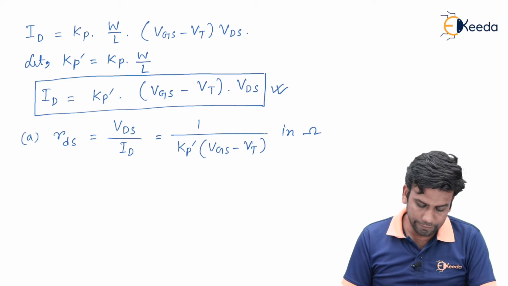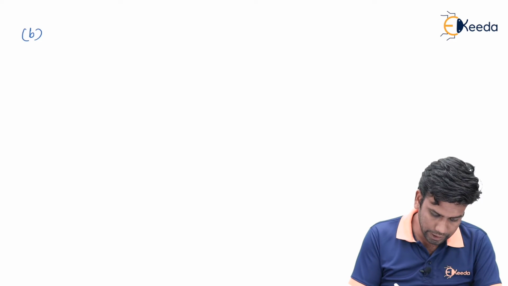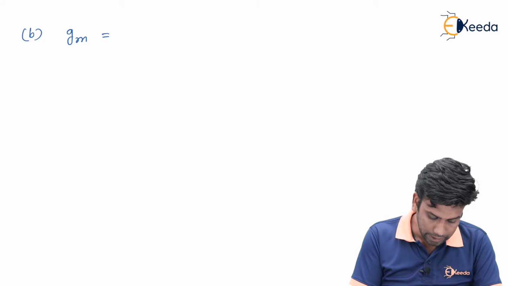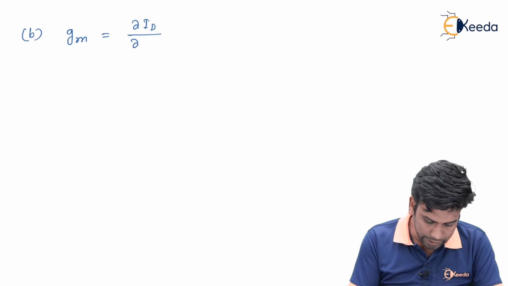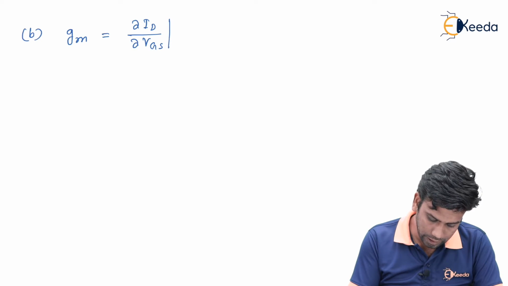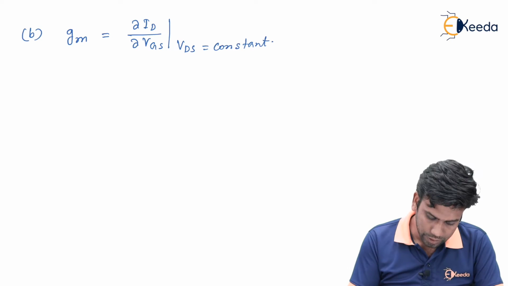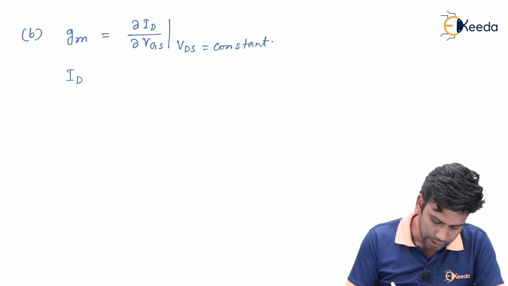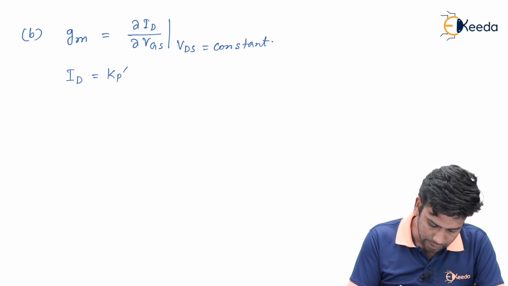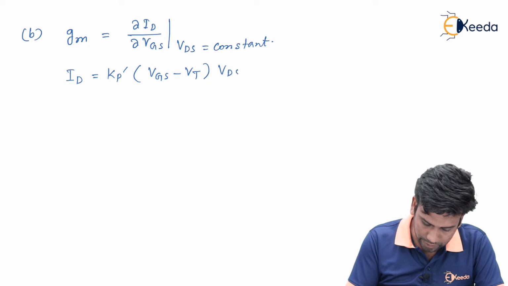Similarly, we can find the value of transconductance also. So the value of transconductance, that is Gm, can be written as del ID divided by del VGS, keeping VDS constant. We know that the ID value is given by Kp dash into (VGS minus VT) into VDS.